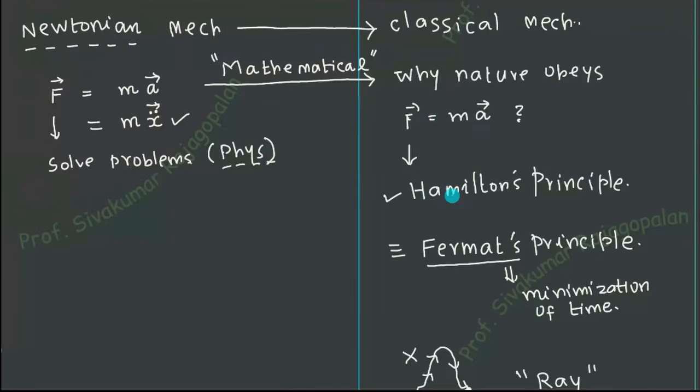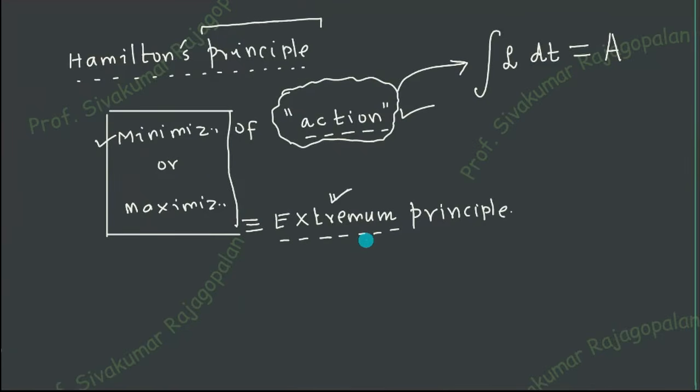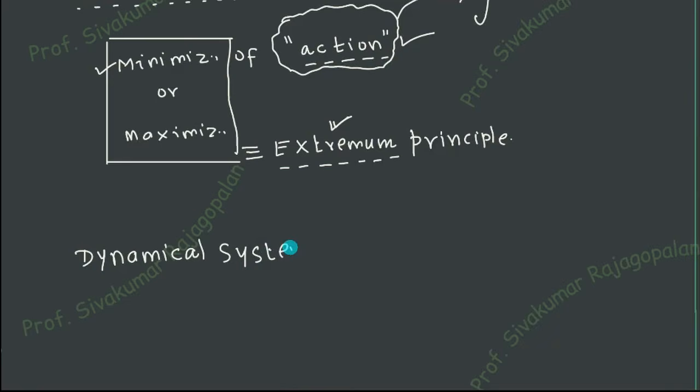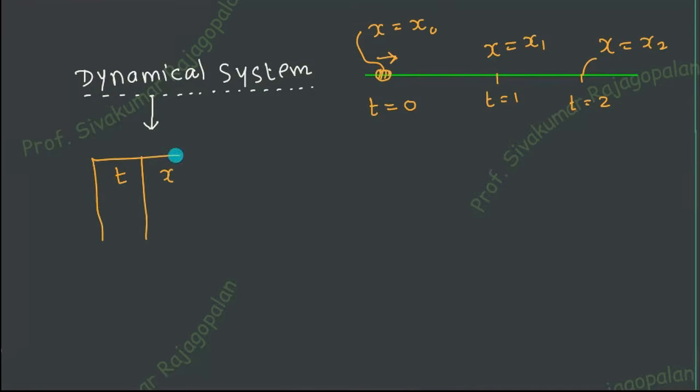That's the answer. This kind of statement is what is known as Hamilton's principle. So instead of saying a simple mechanical system, we will use the word dynamical system, which means that in no way are we talking about any kind of static situation. We are excluding all statics. So this will be the tabular column that you will be filling.